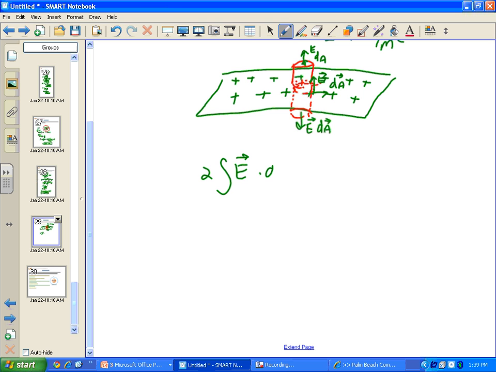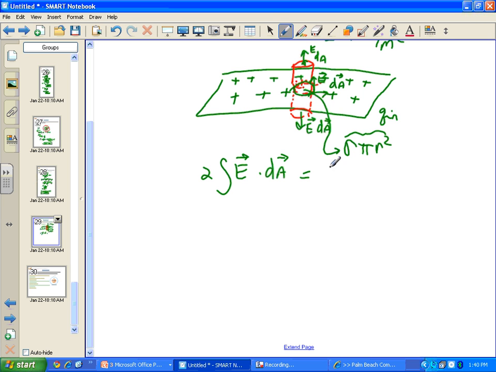Gaussian cylinder, and the charge, which is inside this right here, is given by sigma times the area of the cylinder, pi r squared. And this is the cross-sectional area that cuts through the sheet. So this becomes the charge inside of the Gaussian cylinder.